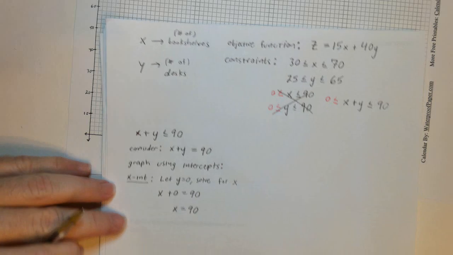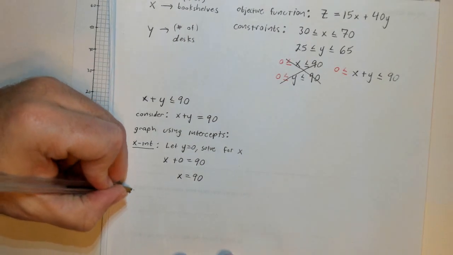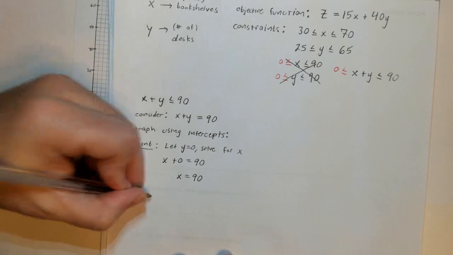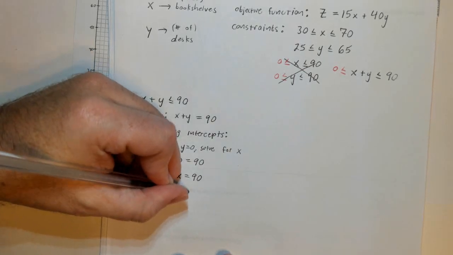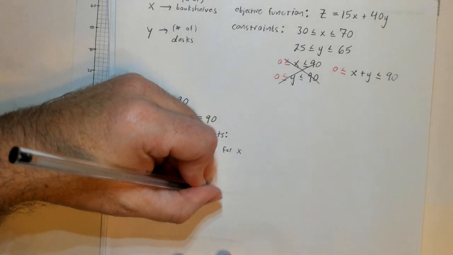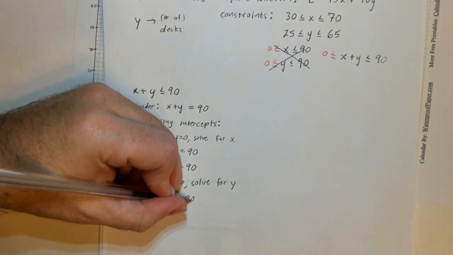Well, if I do this for the y-intercept, I'm going to let x equal 0 and solve for y. Well, you probably see right away I would also get y equals 90.